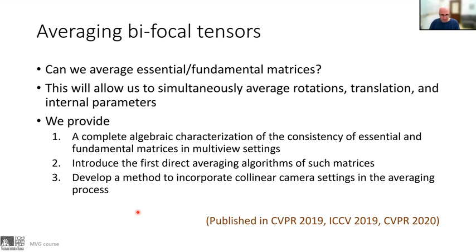What we were able to show is the following. First, we provide a complete algebraic characterization of consistency, so when a graph of essential and fundamental matrices is consistent. Then we introduced a direct averaging algorithm for such matrices. And in addition, we also treat collinear camera configurations that are problematic, as we will see later.